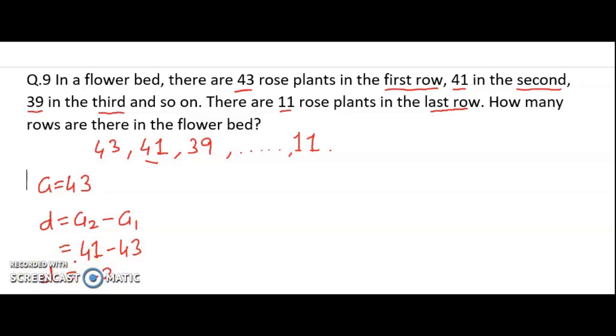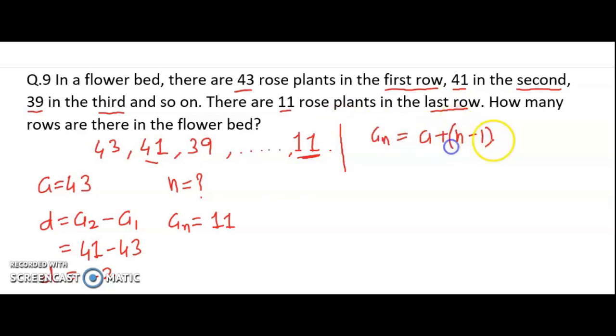Now here we want to find how many rows. So we have to find out the value of n, and the nth term, that is the last term, an, is given as 11. So just put the formula of an equal to a plus n minus 1 multiplied by d. an is 11, a is 43.